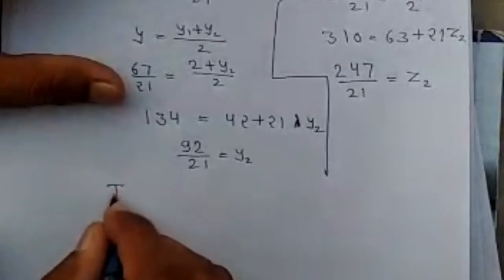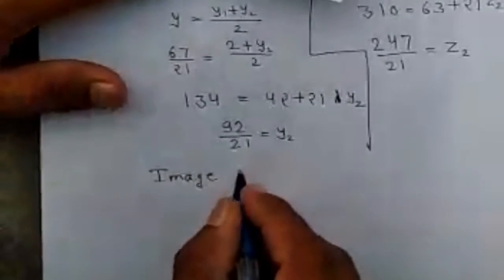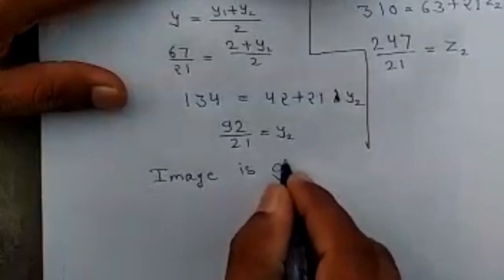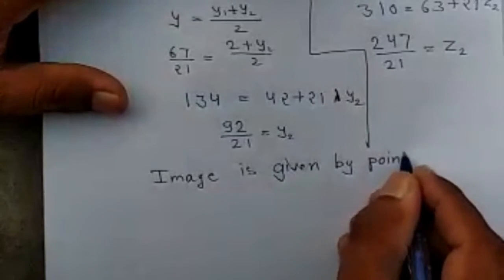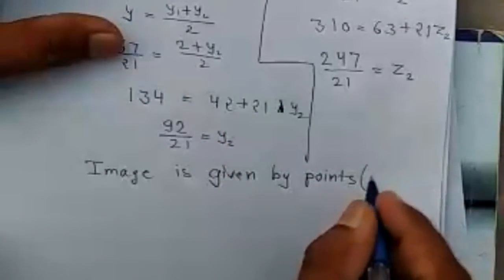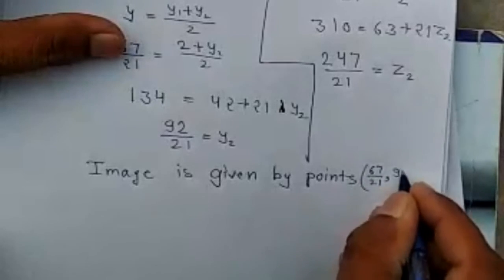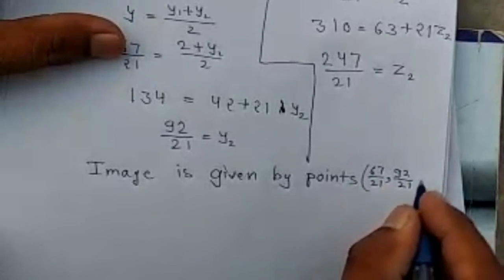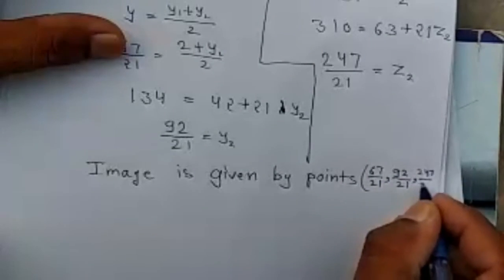Then the image is given by the point (67/21, 92/21, 247/21).